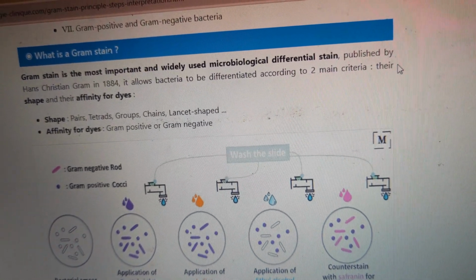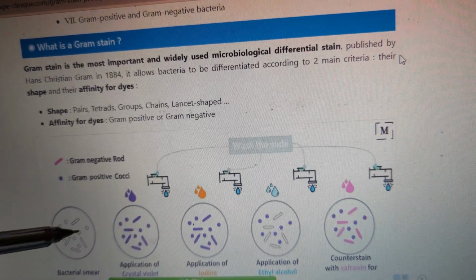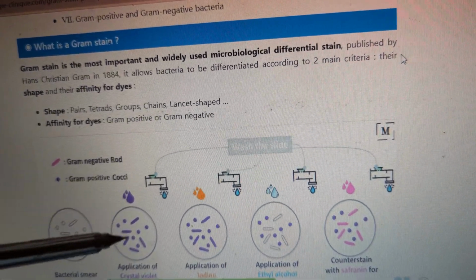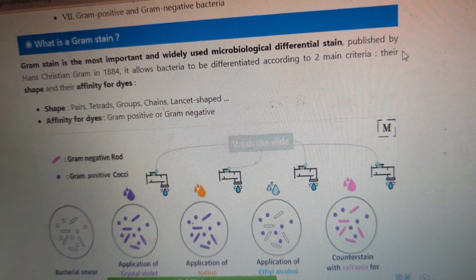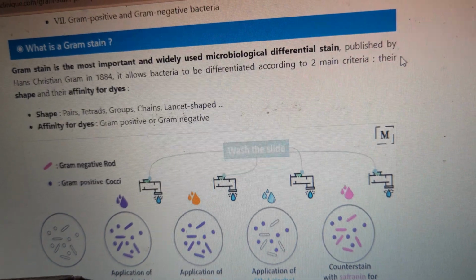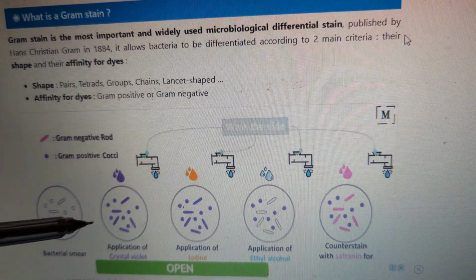So you have made a nice dry impression, a smear, and then after that we start our gram stain procedure. So we have the first step, application of the primary stain, the crystal violet.